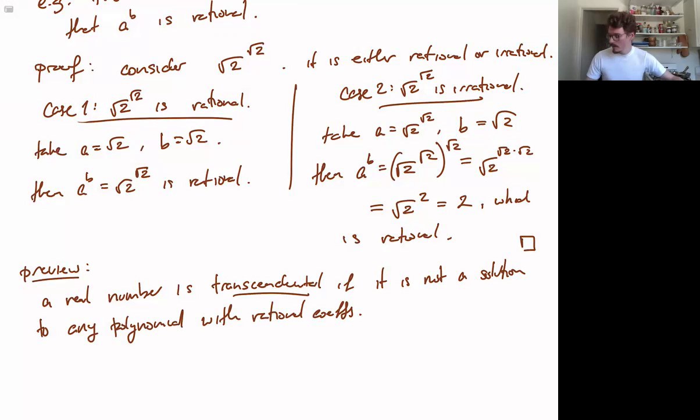So for example, square root 2 is irrational, but it is not transcendental because it's a solution to x squared minus 2. So transcendental numbers are even wilder.